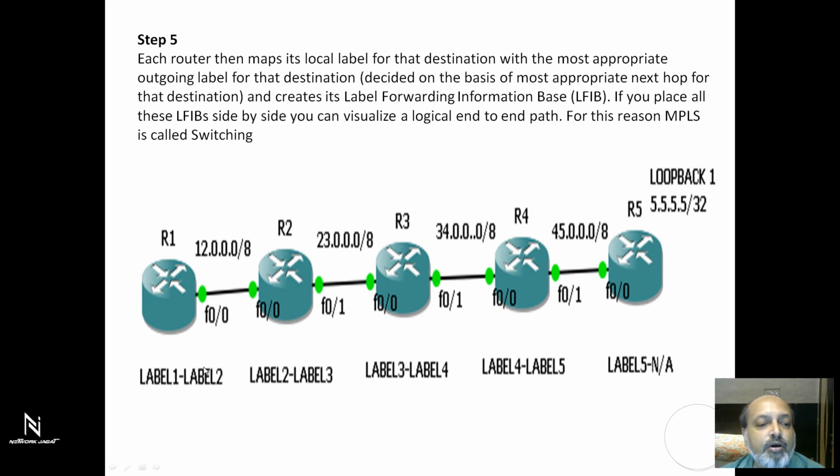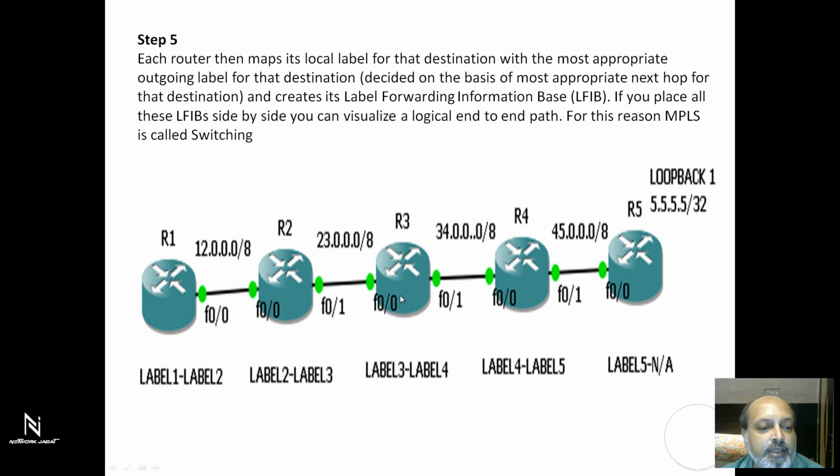Why? Because this is the most appropriate label. Why most appropriate? Because this label has been sent by my next hop. Obviously, label 3, label 4, label 5 are coming from routers who are far away. They are not my next hops.